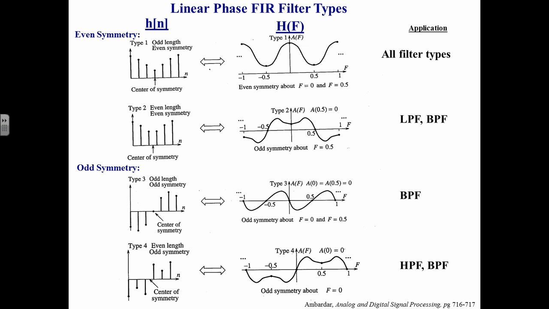And that's okay if I'm making a low pass filter or a band pass filter. But if I want to make a high pass filter, I can't use that, because for a high pass filter, I would need a magnitude response of 1 at my highest frequency, the Nyquist rate. This particular kind of filter can't do that, and so I can't use a type 2 even length, even symmetry, linear phase FIR filter to make a high pass filter.